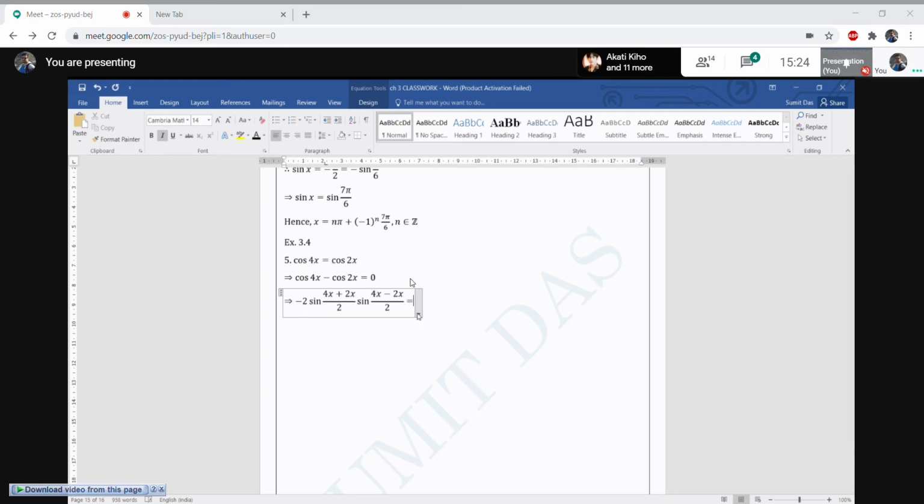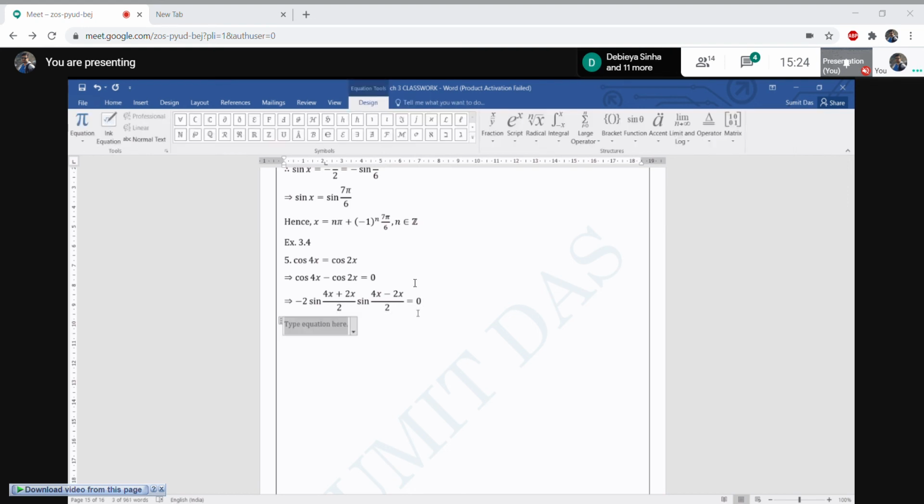That is the formula. So if you simplify this one, it will be minus 2 sine of (4x plus 2x) by 2, which is 3x, and then sine of (4x minus 2x) by 2, which is x, equal to 0.